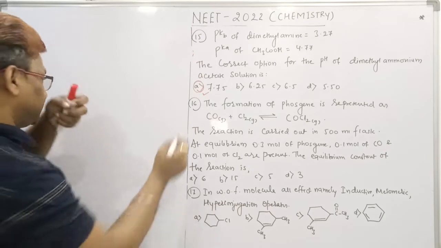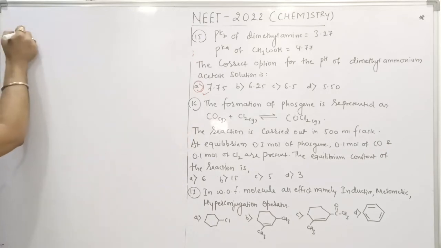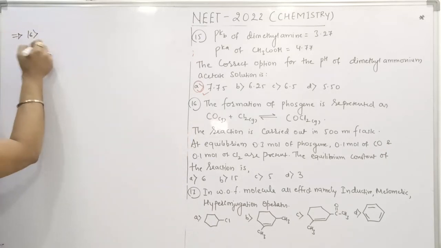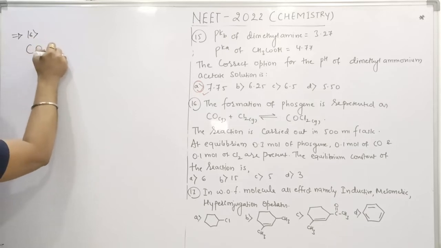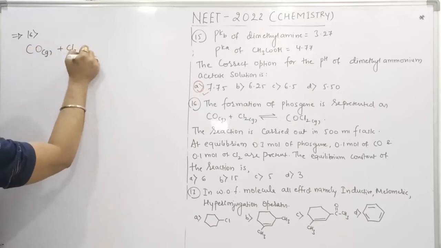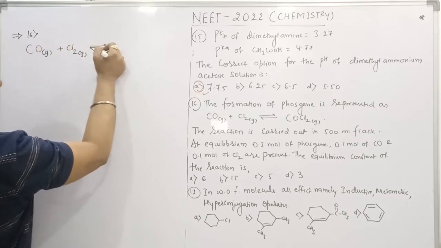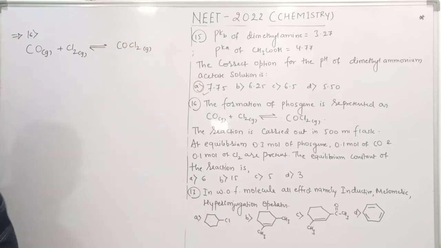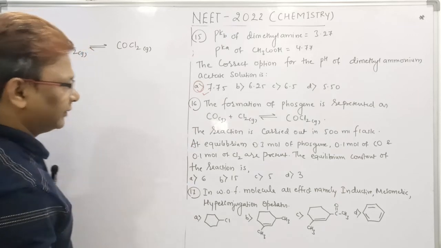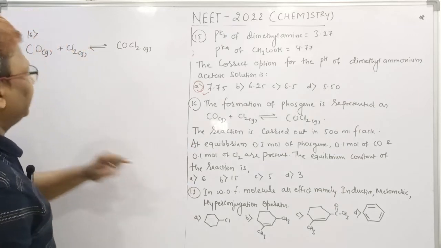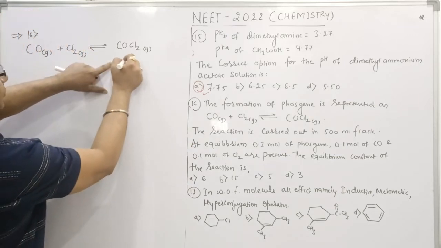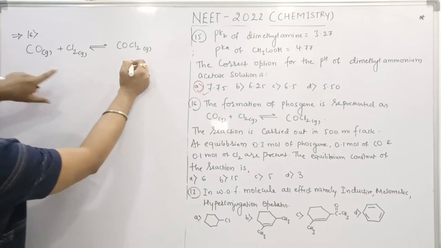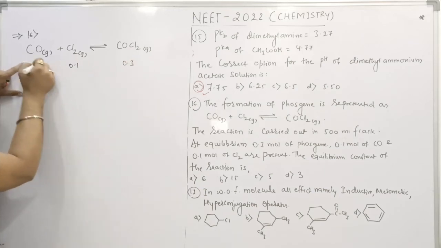See here, for this question number 16, we have CO in the form of gas, Cl2 in the form of gas, and a half-headed arrow is there. The reaction is carried out in a 500 ml vessel, but at equilibrium, phosgene is 0.3 mole, CO is 0.1 mole, Cl2 is 0.1 mole.